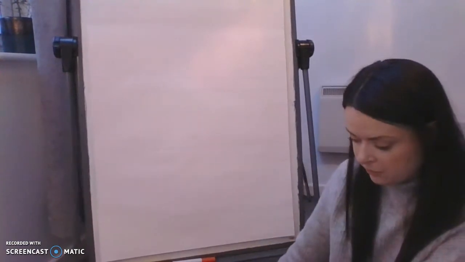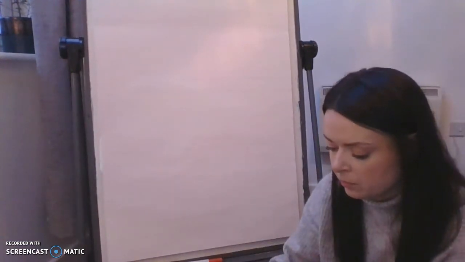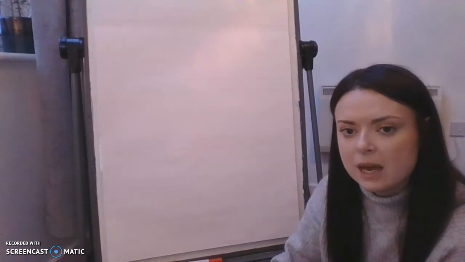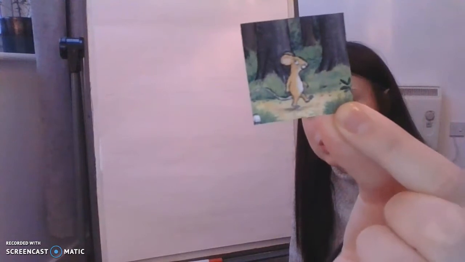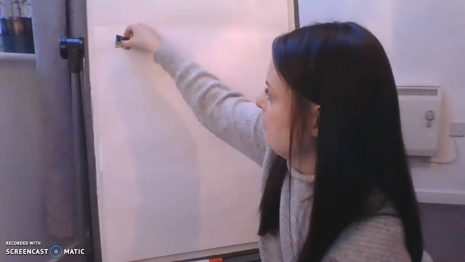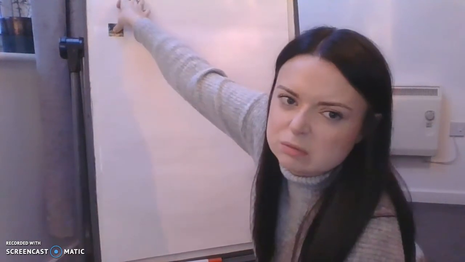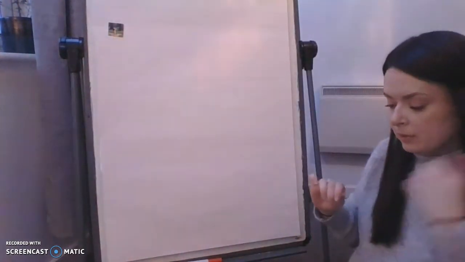So I've cut out my first picture. Did anybody else put the mouse walking into the woods first? Well done if you did. I've got my blue tack and I'm going to stick that here. Obviously you can't see, it's a bit small there, but oh well.